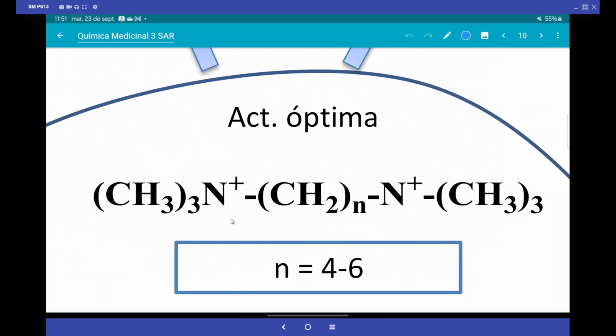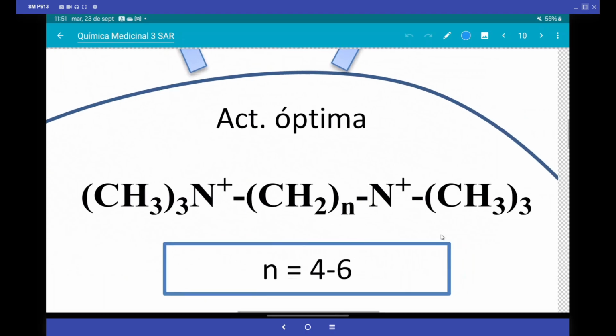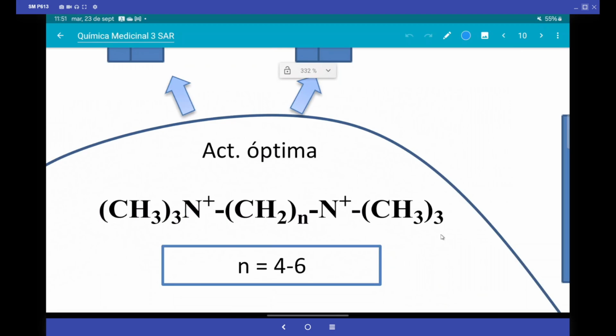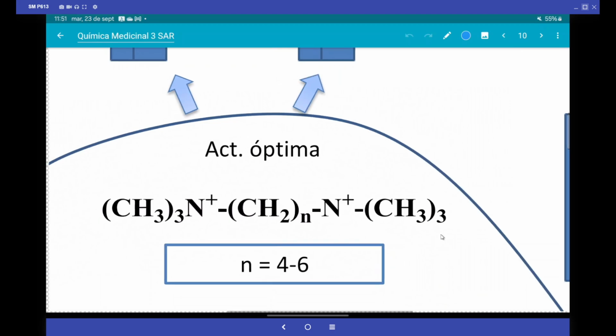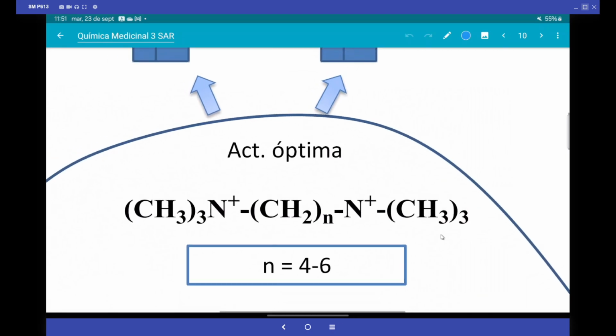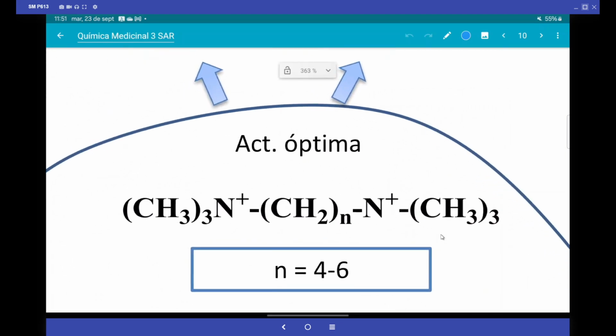And then it turns out that this is a ganglion blocker, or a nicotinic agent, a blocker of nicotinic receptors: two quaternary amines separated by a chain.